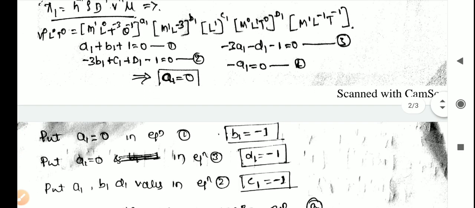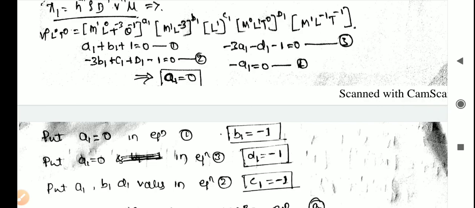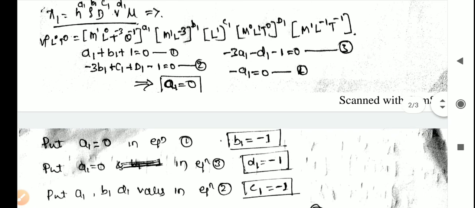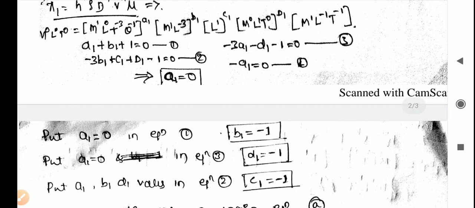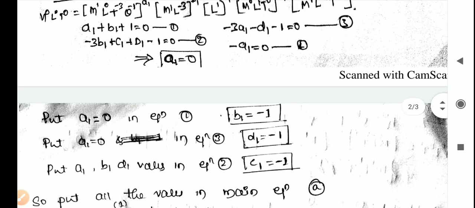Okay, now put a1 is equal to 0 in equation 1. Okay, you will get b1 is equal to minus 1. Okay, substitute and solve. Okay, and put a1 is equal to 0 in equation 3. You will get d1 is equal to minus 1. Put a1, b1 and d1 values in equation 2.